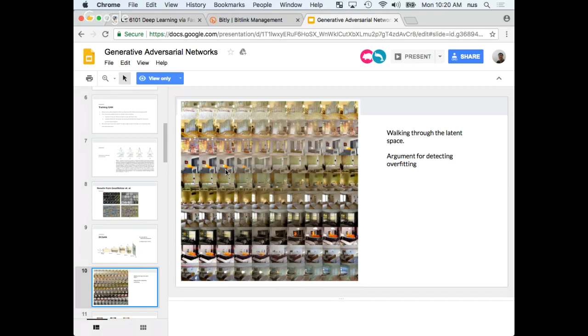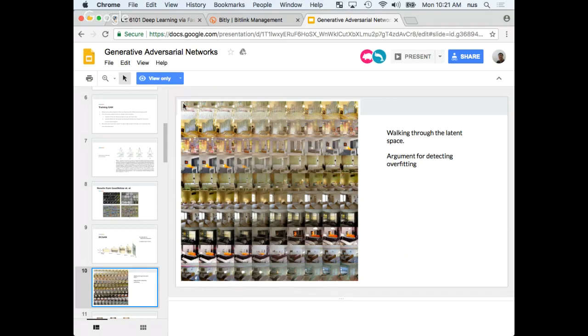So what they did was, I had said that they start off with a random vector of say 100 variables, which are sampled from a uniform distribution. So they took 10 of these random vectors and they tried interpolating values between these 10 vectors and generated images from these interpolations as well.